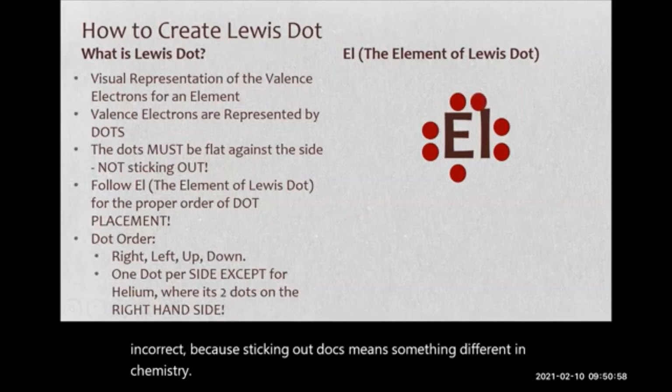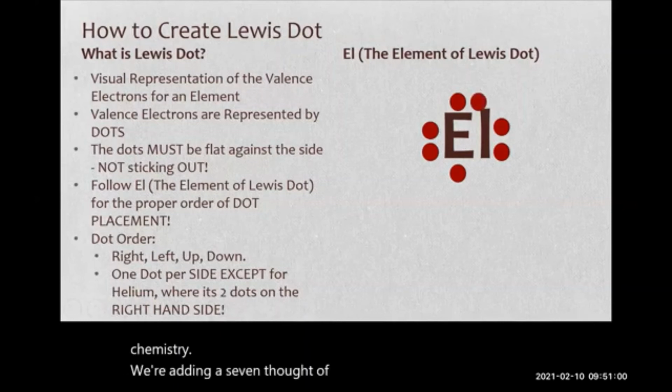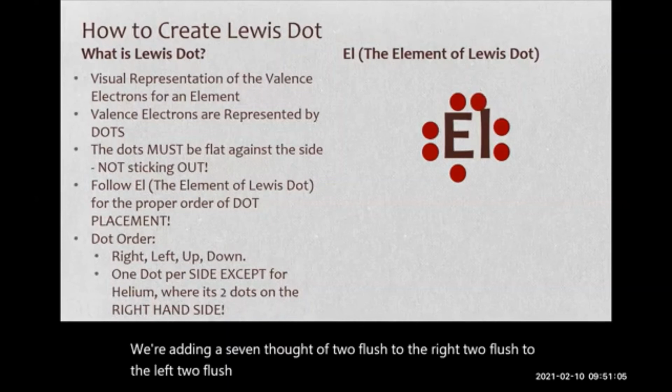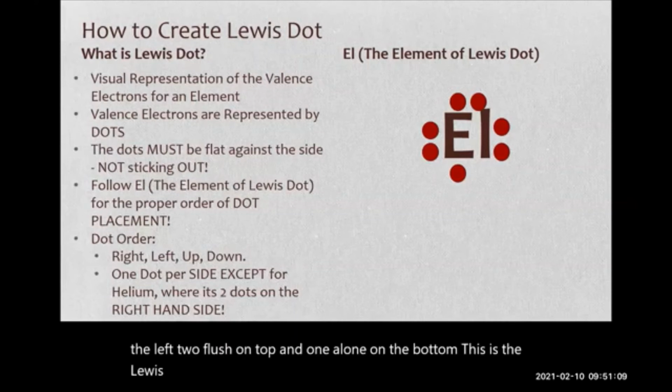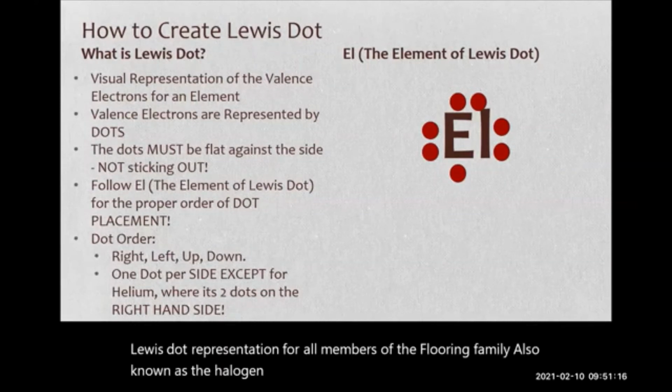We're adding a 7th dot now. So you have 2 flush to the right, 2 flush to the left, 2 flush on top, and 1 alone on the bottom. This is the Lewis dot representation for all members of the fluorine family, also known as the halogen family, also known as column 17.